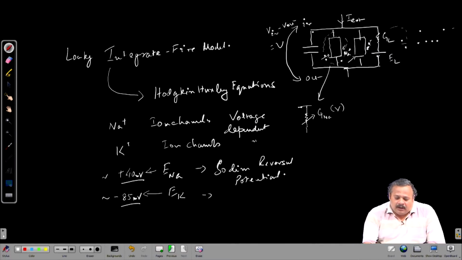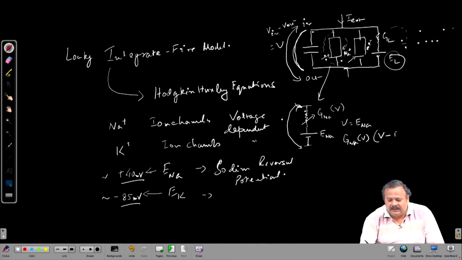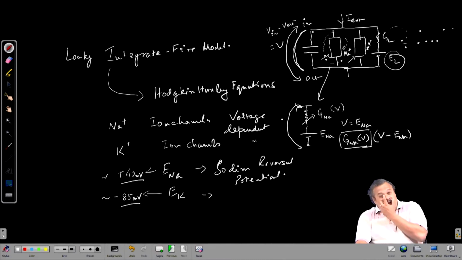So, now as we introduced the idea of E_L earlier, similarly here we will have E_Na, because if this voltage V across the membrane is equal to E_Na, then there will be no flow of current through this branch, because the current through this branch is essentially G_Na(V) times (V minus E_Na), where G_Na(V) is the sodium channel conductance as a function of voltage.